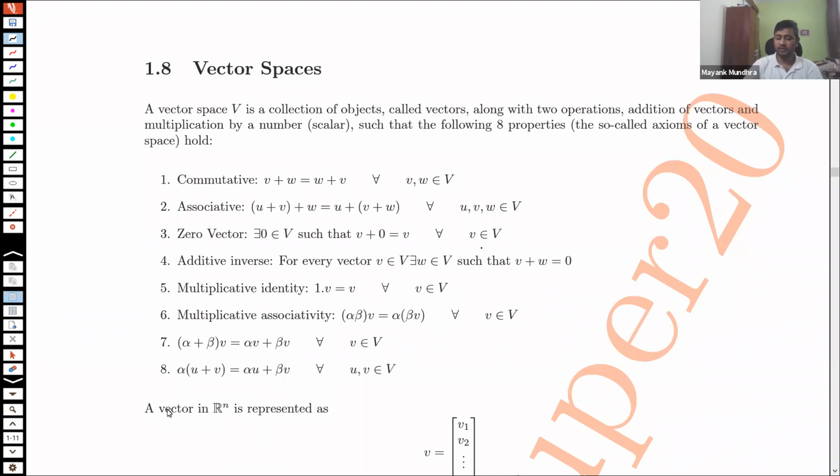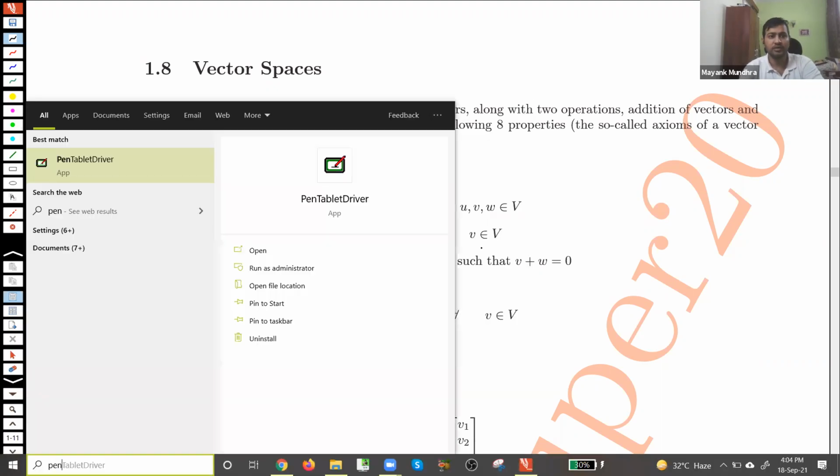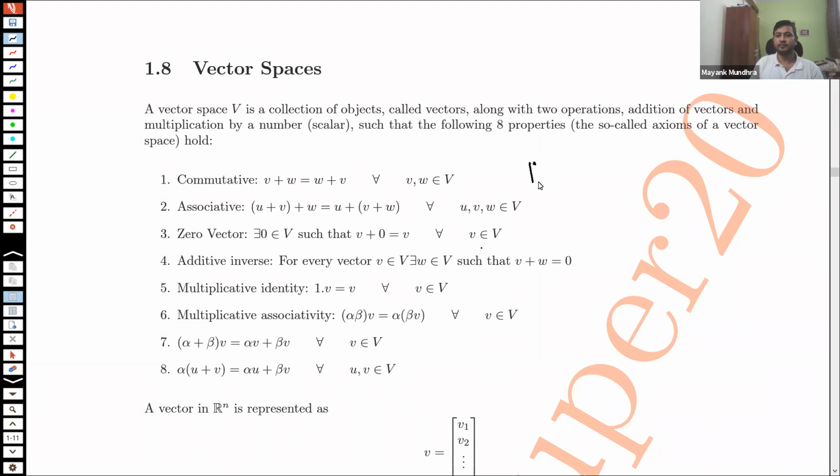Examples of vector spaces, as we saw, were R square, R cube, and the set of all 2 cross 2 matrices. If you collect all the 2 cross 2 matrices, it's going to be a vector space that satisfies all these 8 properties.